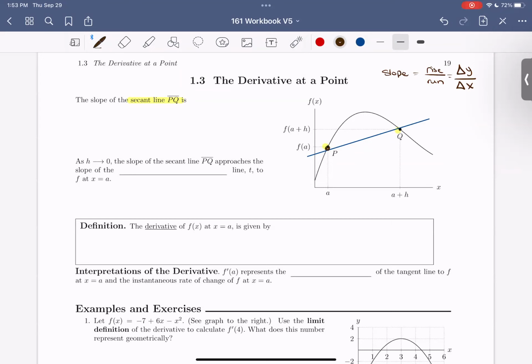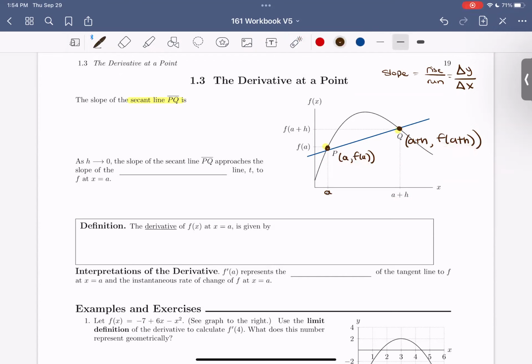So if our points here are P and Q, given with the coordinates A and f of a for P, and a plus h on the horizontal axis and f of a plus h as the output, then the slope between those 2 points is going to be the change in the y coordinate divided by the change in the x coordinate.